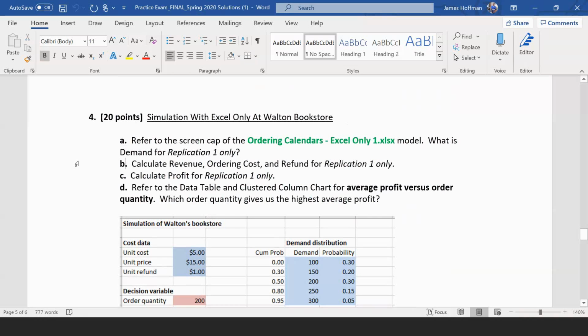All right, then part B is calculate the revenue, ordering cost, and refund for replication 1 only.